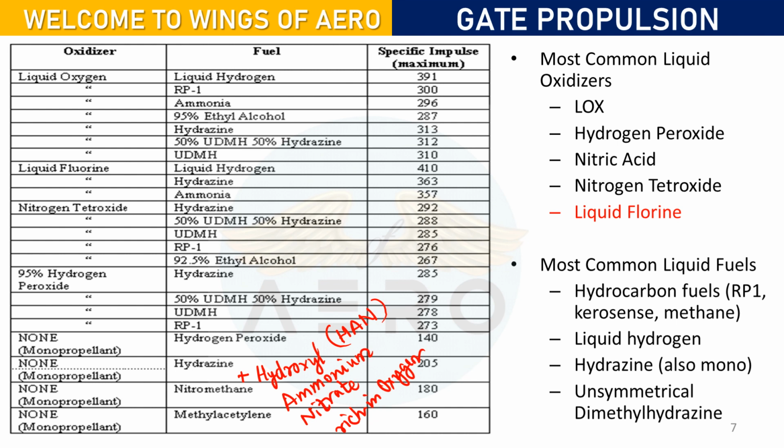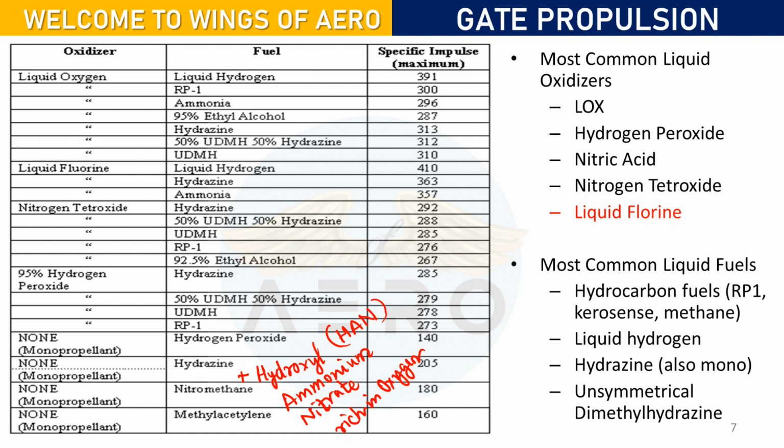Further, there are some combinations of liquid oxidizers and fuels as well. There can be a question like identify the common oxidizers. You should know what is meant by liquid fluorine, whether it is a fuel or an oxidizer.